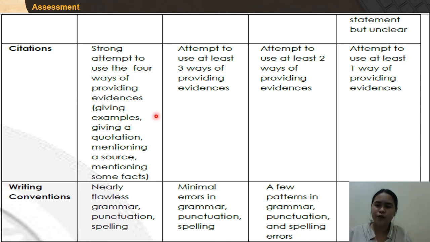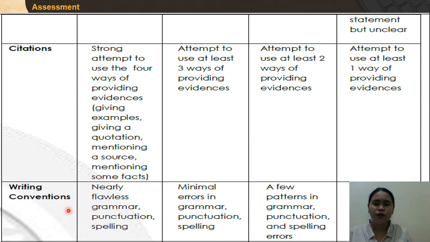So, for example, may mga ganon. Giving a quotation. So, according to, tapos may quotation. Saan mo nakuha yung quotation na yon? Mentioning a source. Yung kanina ako pa binabanggit. Or mentioning some facts. Saan mo nakuha yung mga facts na yon na na-research mo. So, yun yung citation. 5 points for this. So, may 20 points na tayo.